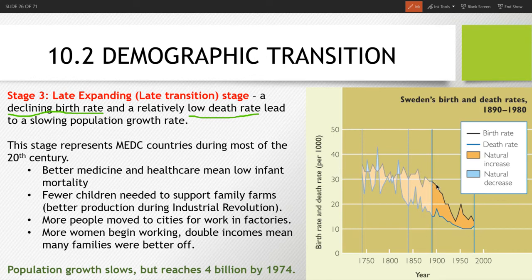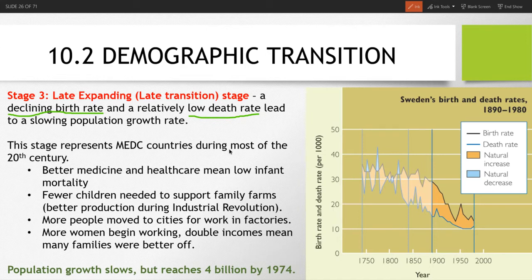The birth rate at the beginning of this stage, close to 1900, was almost 30 births per 1,000 people. Okay, so population is increasing quite a bit here, but we can see that the birth rate declines. And by the time we get to 1980, there's still a bit of a difference, but it's much, much lower than what existed before. So the birth rate or the population growth rate is going to be much lower here at the end of this stage.